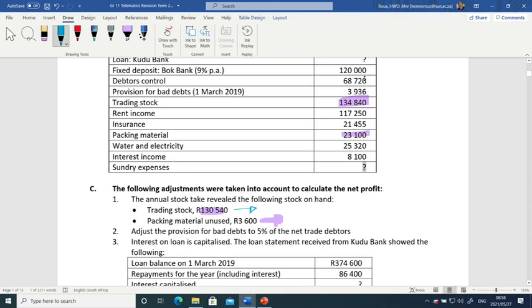There is no, like on the slides that I showed you, there is no adjustment to the debtors control. So we take that amount. The second step, we calculate the percentage, the 5%. Third step, we compare with the current provision and then we make the adjustment.